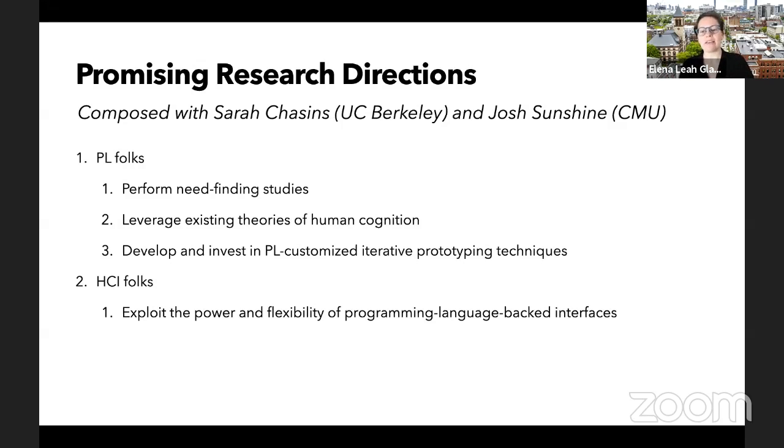interfaces, say, direct manipulation is a good example. Ravi Chugh's students working on Deuce and Sketch-n-Sketch, because their sketching program is backed by programming language technology, they're able to have bidirectional updating between either editing the program or editing the sketch.